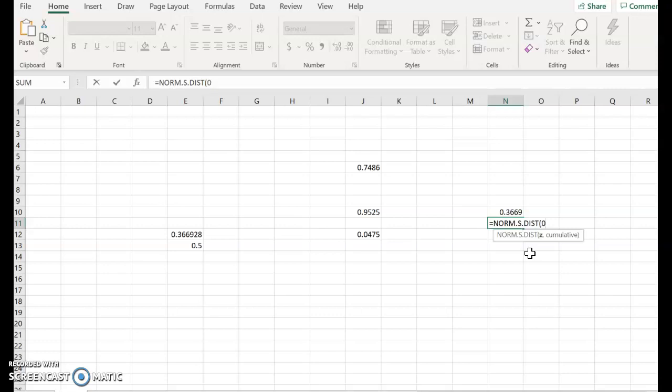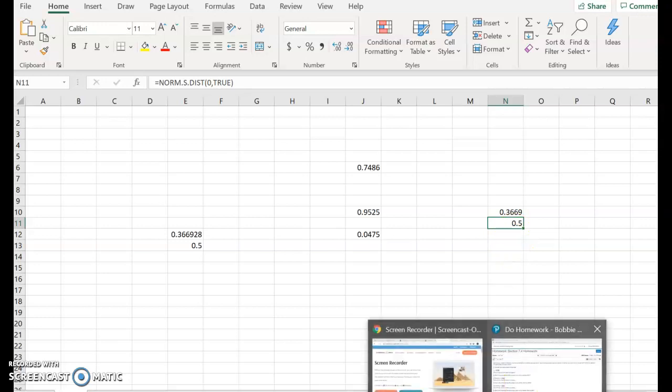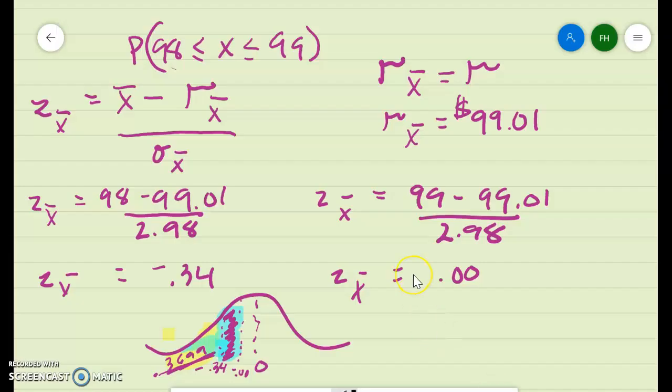So 0, you can just put 0, true, and that would be 0.5. Because we're rounding, and remember 0, the mean is 0 as a z-score, and the mean is halfway in the middle. So it's halfway, that's why it's 0.5. Technically it's not really at 0, but because of rounding, that's kind of what we end up with.